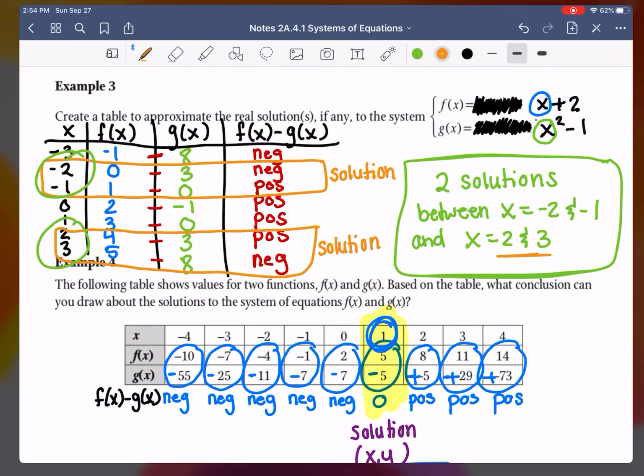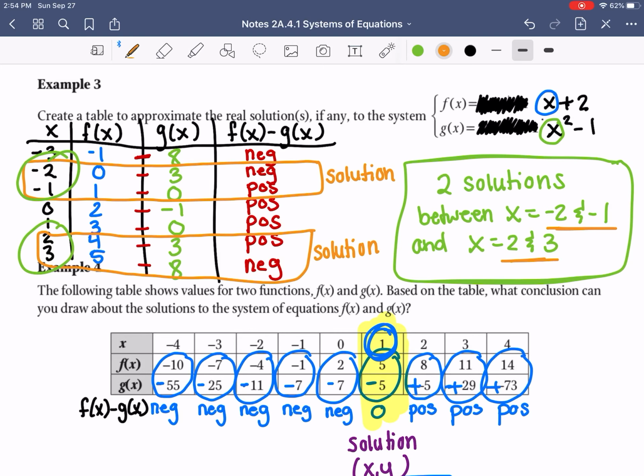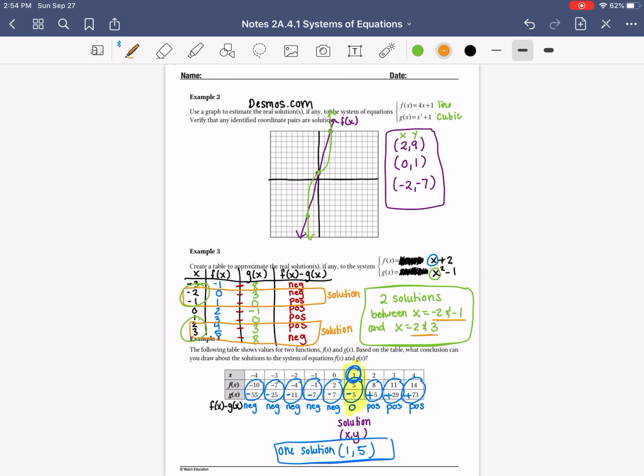So -1.3 is in between -2 and -1, and 2.3 is in between 2 and 3. So those answers are decimals. From the table, we can't see them exactly. That's why the graph's a good option.